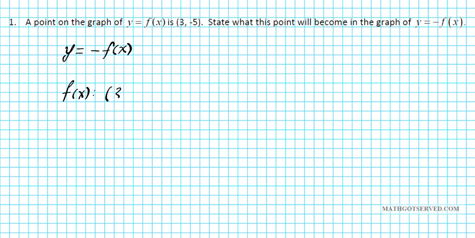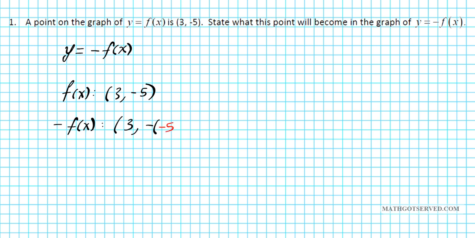Okay, so if the original point is (3, -5), then this transformation is going to simply negate just the y-coordinate. That's what's going to be negated there. So negative f of x is going to become 3, comma, the opposite of what it was in the original one, so negative of negative 5.